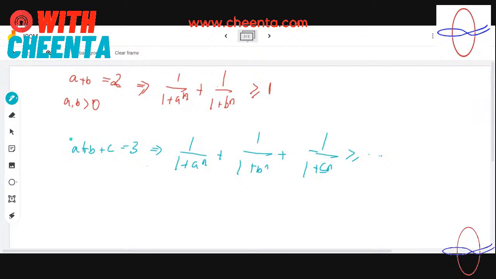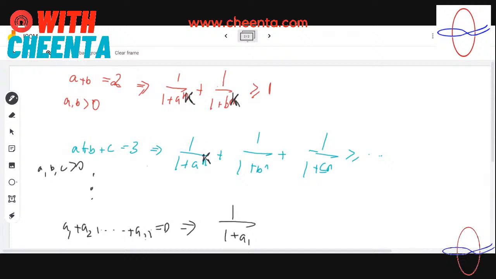And then finally the super version, the final version: instead of a plus b plus c, let's call it a1 plus a2 plus dot dot dot an, all of them greater than 0, equal to n. So you are trying to find out 1 plus 1 by a1 whole to the power, you can take it as k, for any positive integer k.